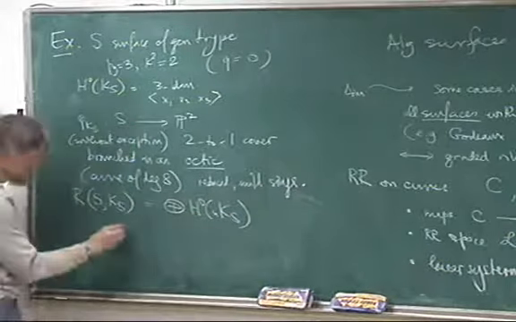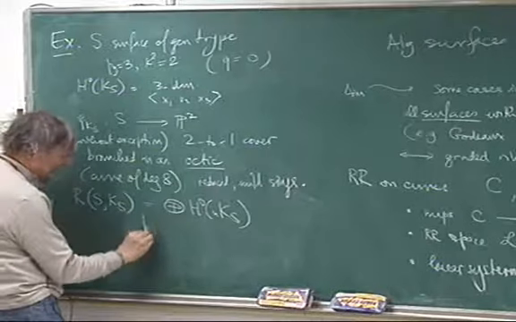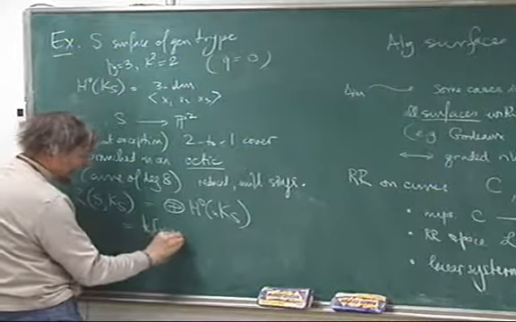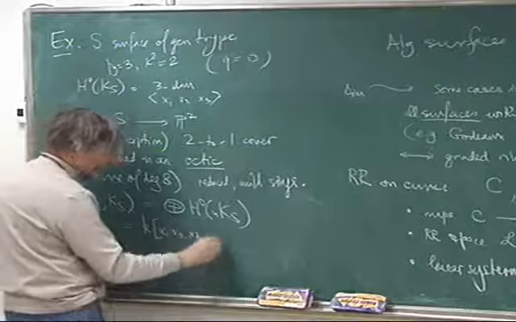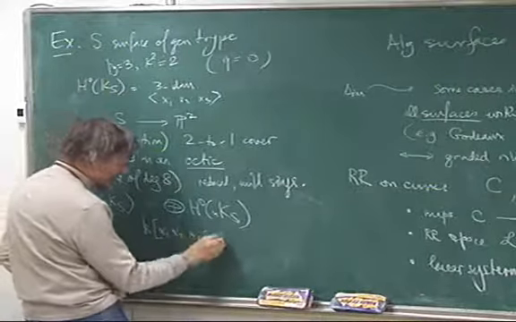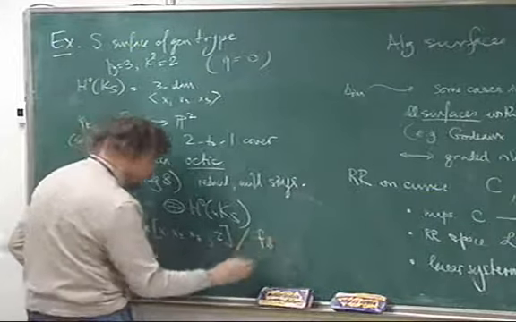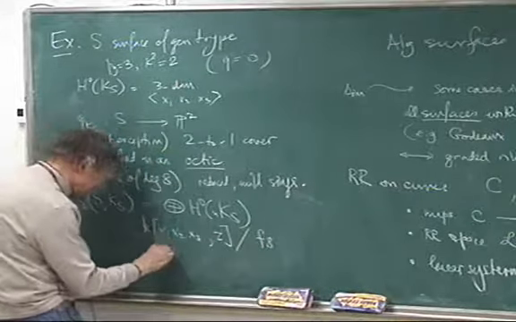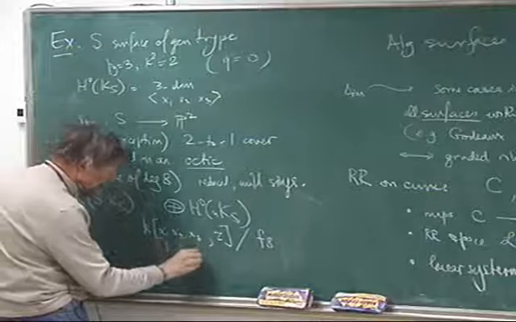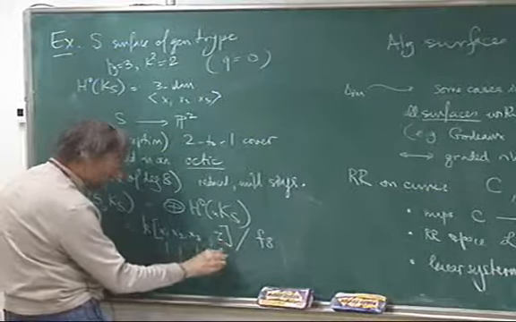Right, and it turns out in this case that this is K of x1, x2, x3, and then some element Z, and then divided out by an equation F8. And these are graded of weighted degrees 1, 1, and 4.